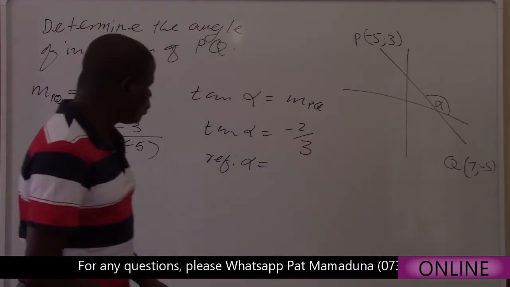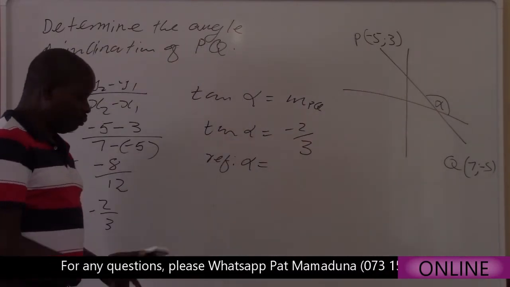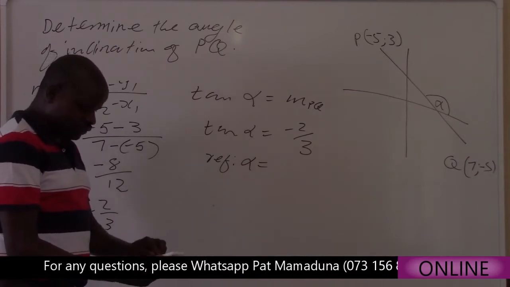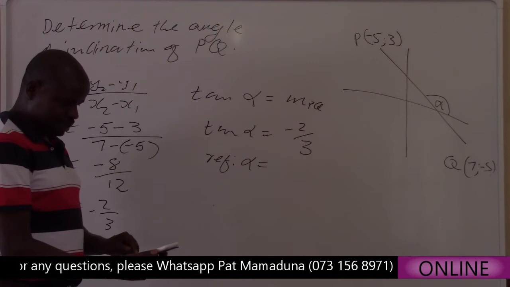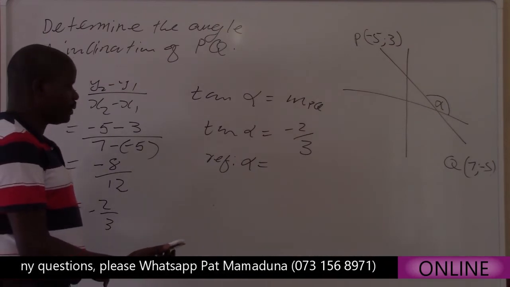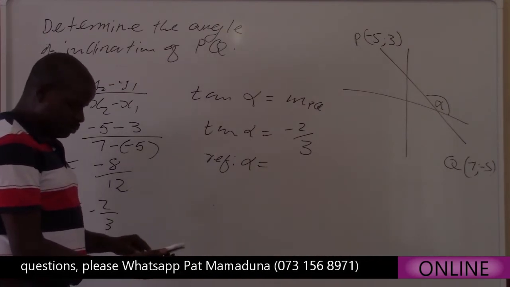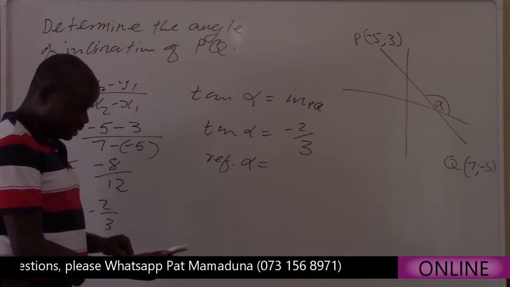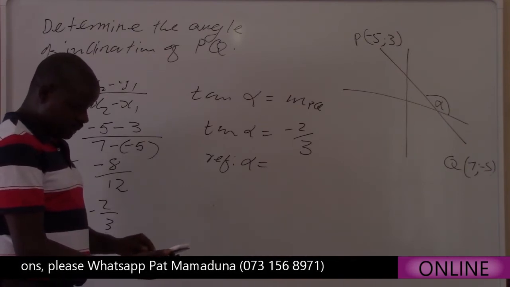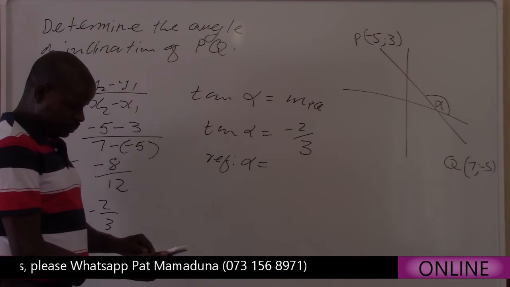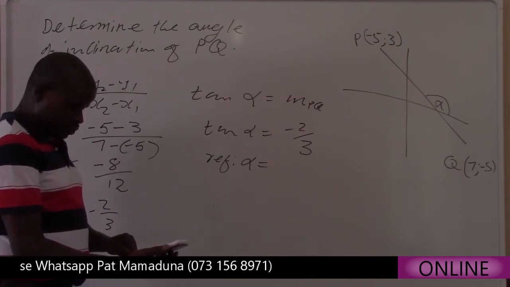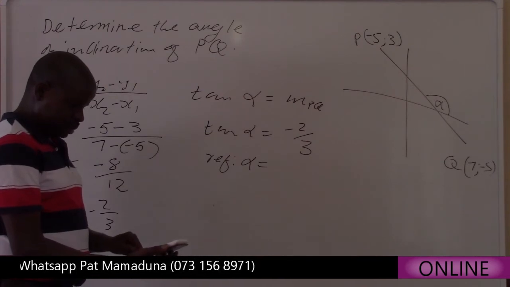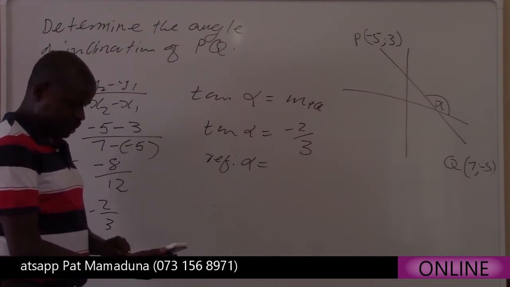then you go to your calculator. Now we say shift, and then tan. And then you open the brackets, and now you have your negative 2 over 3. You close the bracket, equals.